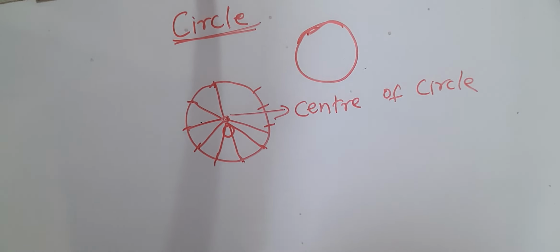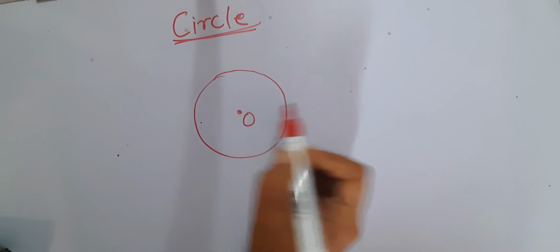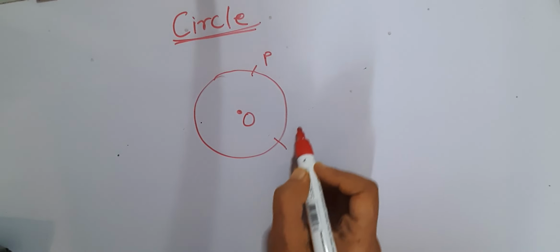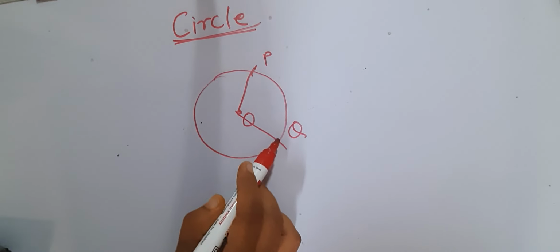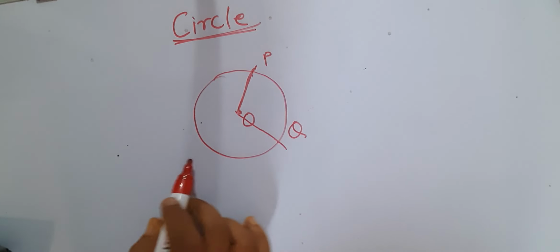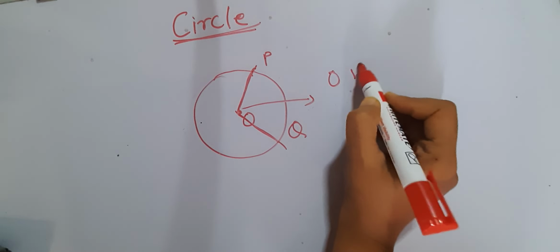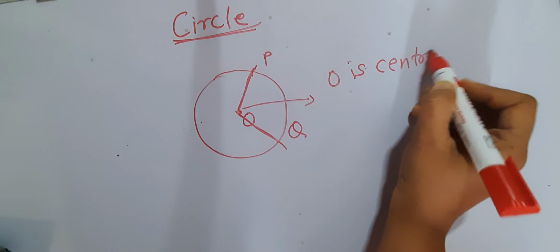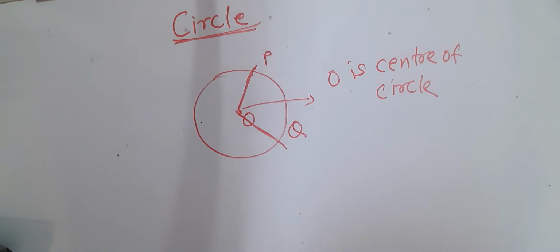So suppose this O is the center of the circle, then any point from the center to the surface of circle has the same distance. So the distance OP will be the same as OQ. So O is known as the center of circle. I hope this is clear.